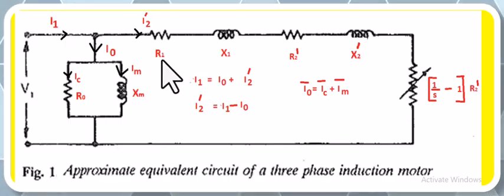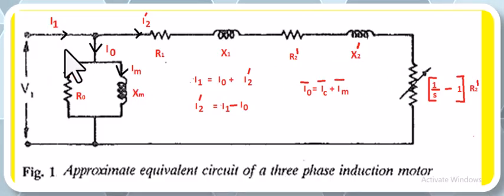R1 and X1 are the stator winding resistance and reactance per phase. R2 dash is the rotor resistance per phase referred to the stator side, and X2 dash is the rotor reactance per phase referred to the primary side.